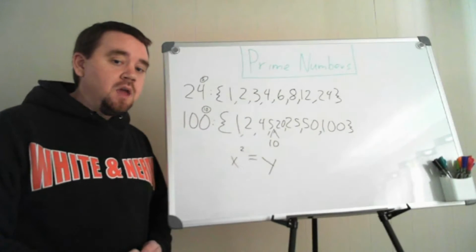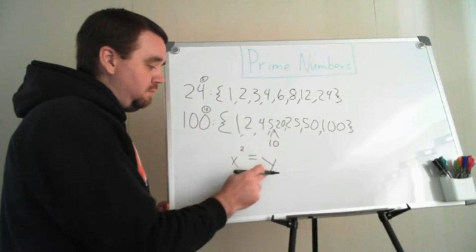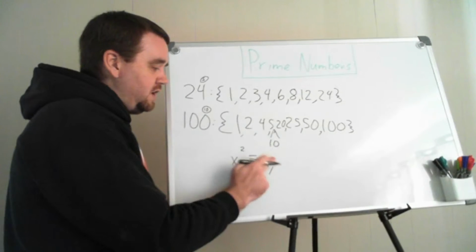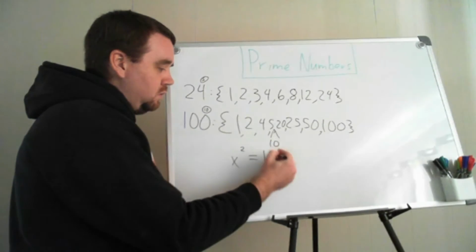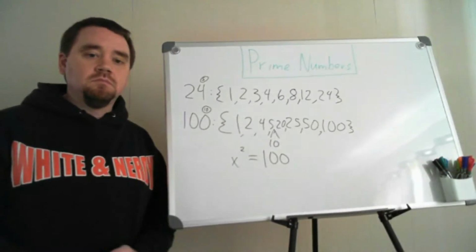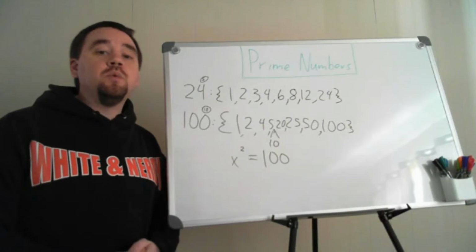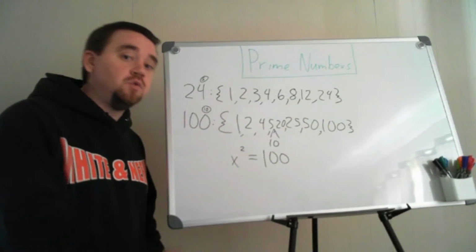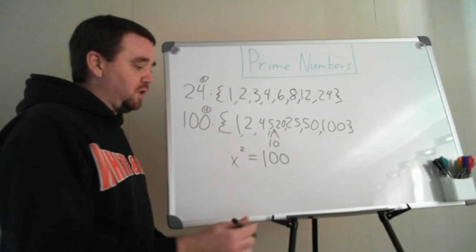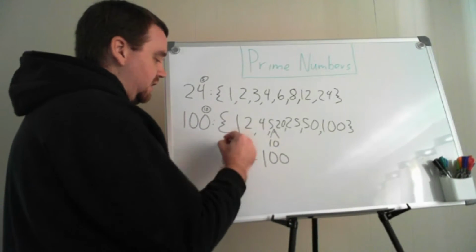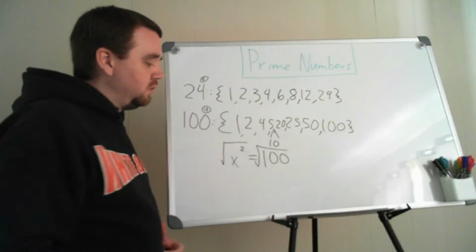But what if I know y, but I want to know x? What if I know y is 100? How do I find x? That's where we do what's called the square root. You undo the square, and you're probably used to that symbol.